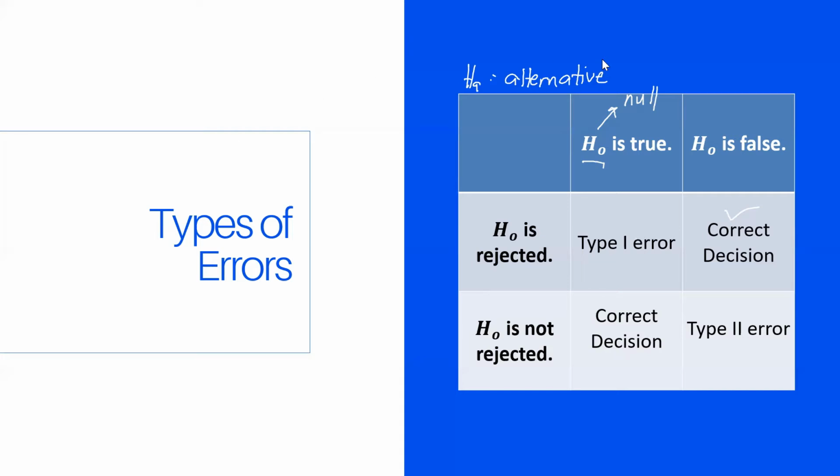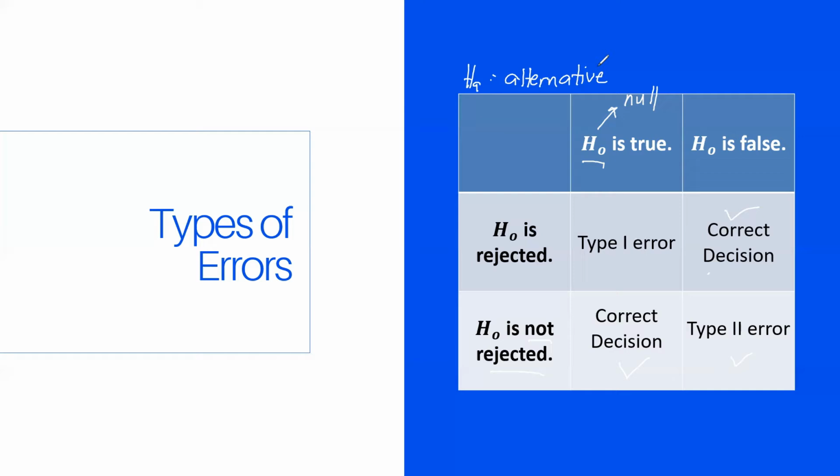Therefore, we use the term not rejected as opposed to the word rejected. Going back, if the null hypothesis is true and it is not rejected, therefore it's a correct decision. If we have a false null hypothesis and we do not reject it, we have a type 2 error.